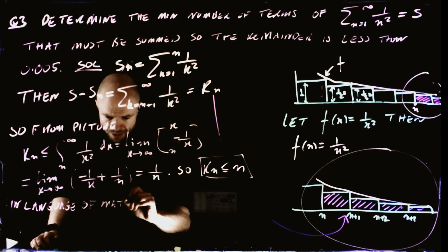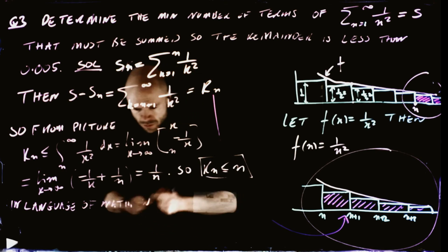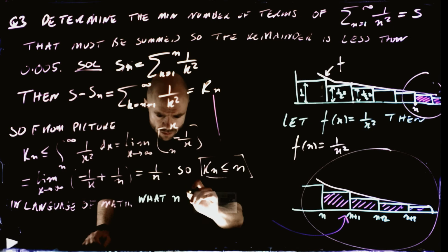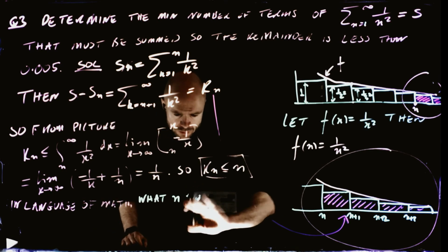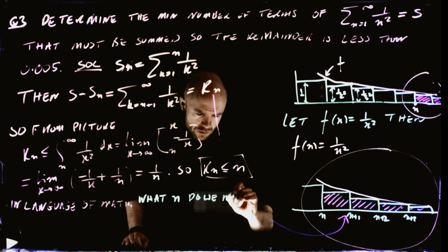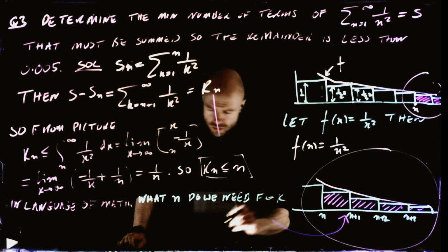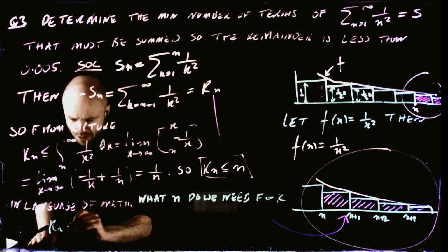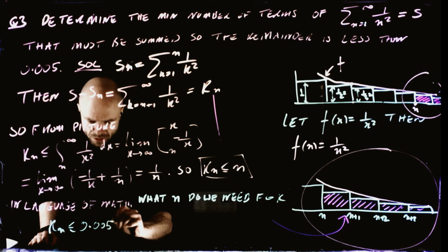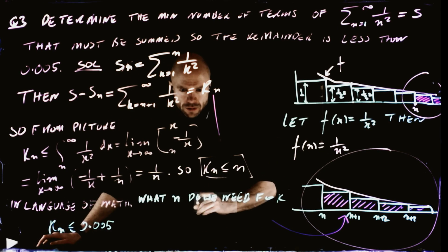Our question is exactly, what n do we need for Rn to be less than 0.005?